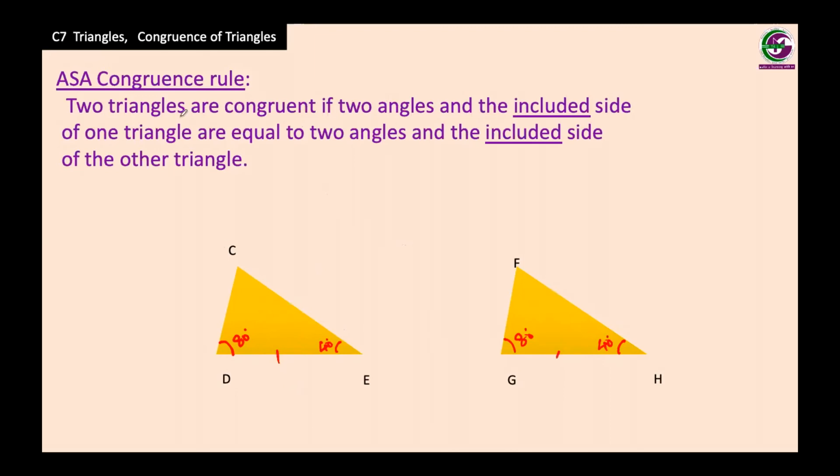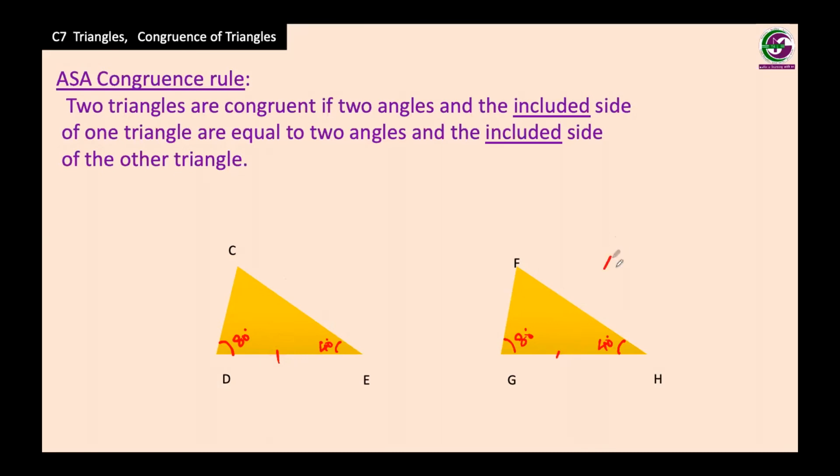So let us read it again. Two angles and the included side, which is in between, not the second side or the third side, of one triangle is the same as two angles and the included side of the other triangle. Then these two triangles are congruent.